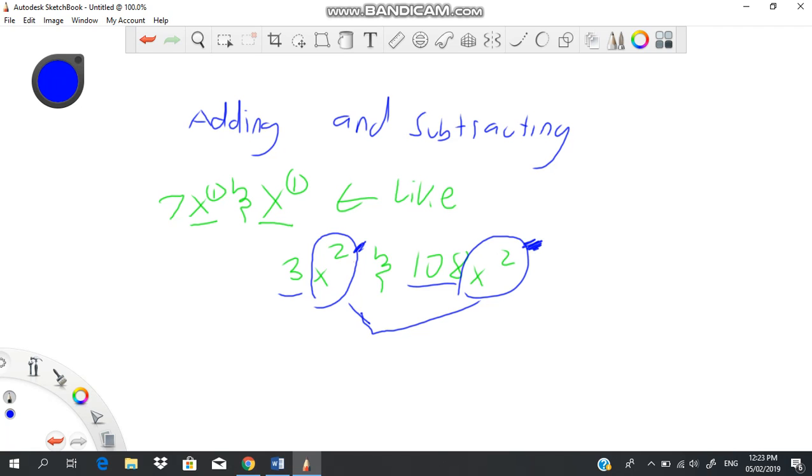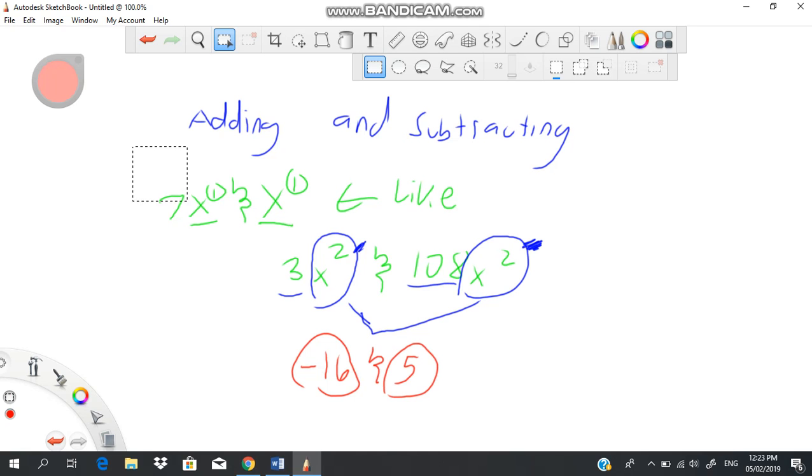So x squared and x squared, they're the same, so it's a like term. And last but not the least, 16, negative 16, and 5. They're still like terms because they neither have an exponent or a variable. They're both just constants. So that's all you need to know in adding and subtracting polynomials. You just have to find the like terms.